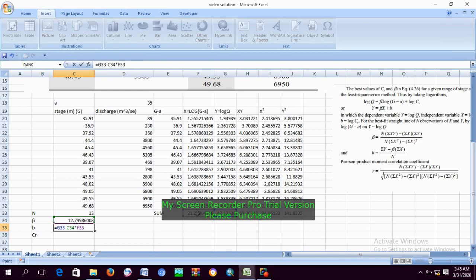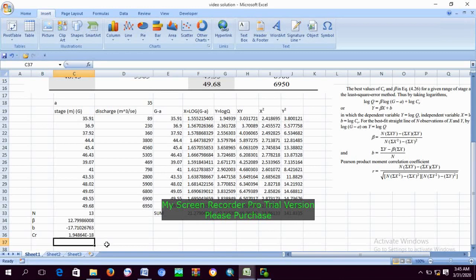This value over this value, and we can use a bracket. It is beta, and c is equal to the anti-logarithm of this value. Then it is equal to 10 to the power of this value.